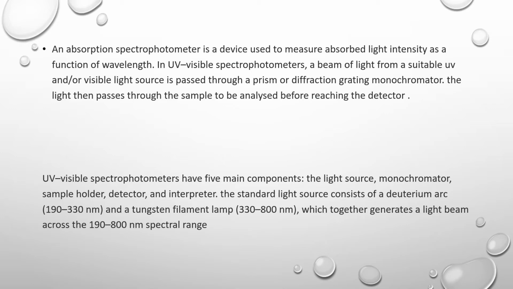An absorption spectrophotometer is a device that is used to measure absorbed light intensity as a function of wavelength. The electrons in molecules and atoms reside generally at the ground state and they need energy to get excited or go to a higher energy level. The energy difference between these two states is equivalent to the energy of the wavelength that is absorbed.